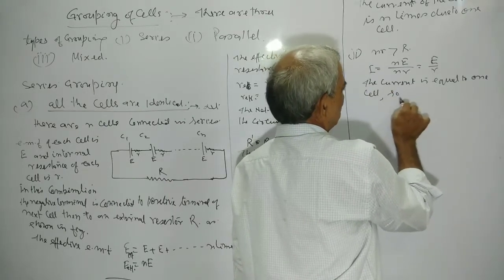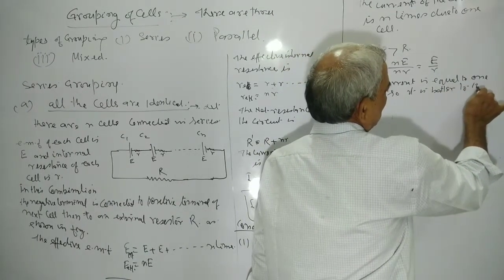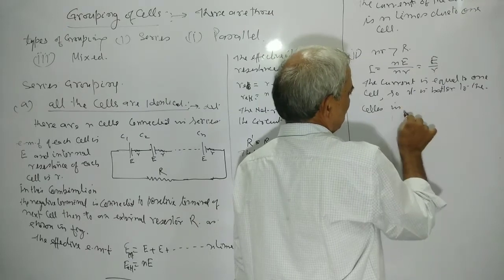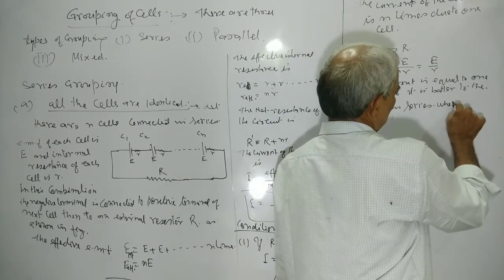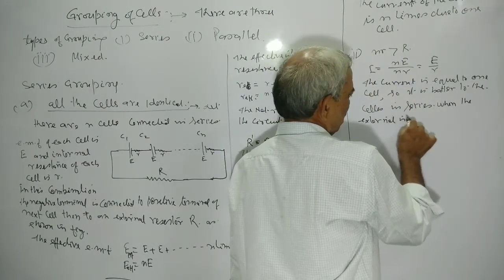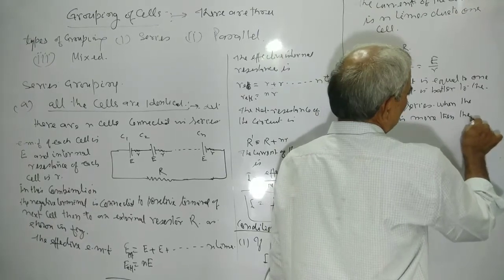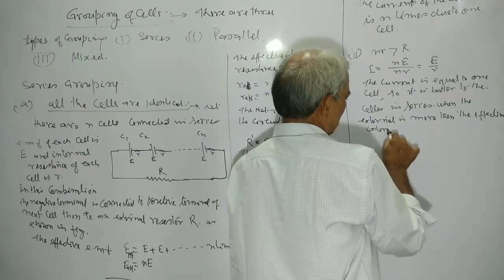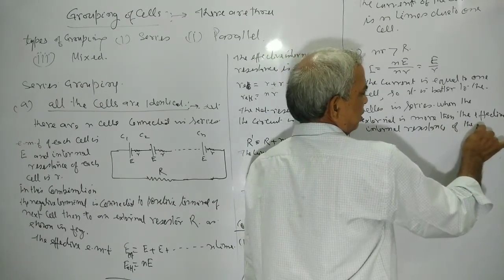So it is better to connect the cells in series when the external resistance is more than the effective internal resistance of the cells.